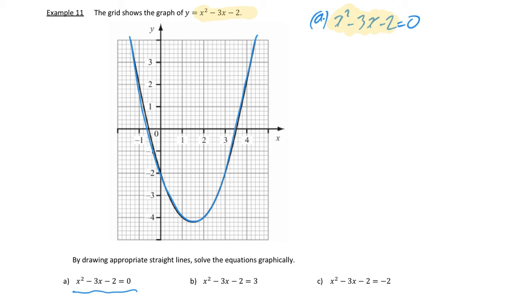So what you have to do, because you've got the equation of your curve on the left-hand side, is draw y equals whatever is on the right-hand side. What's on the right-hand side is 0.